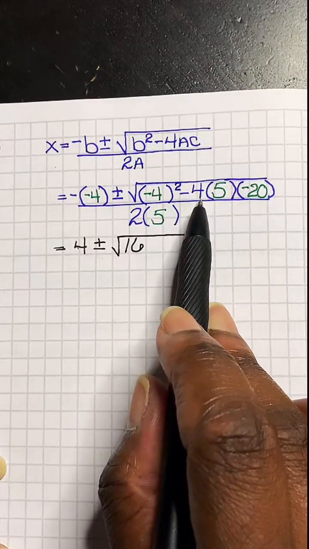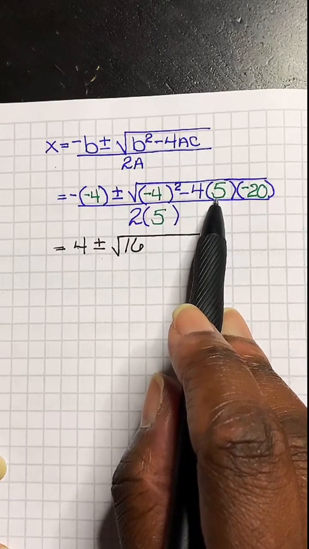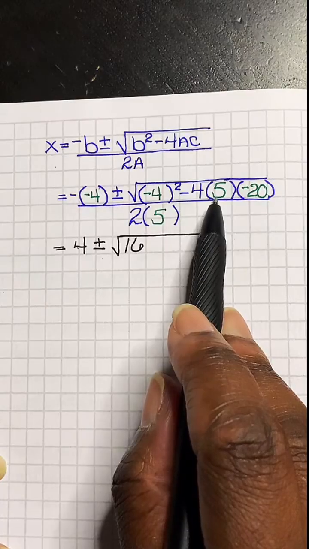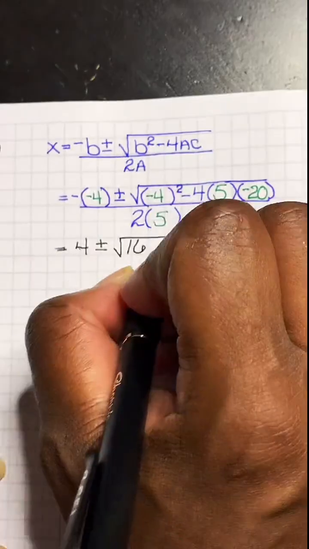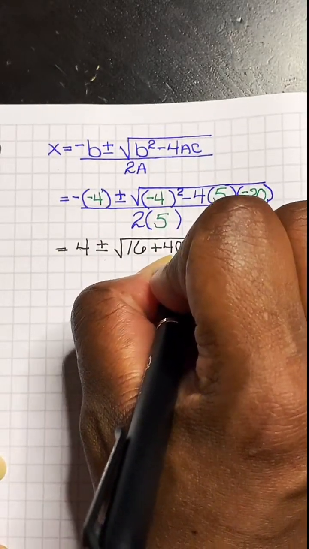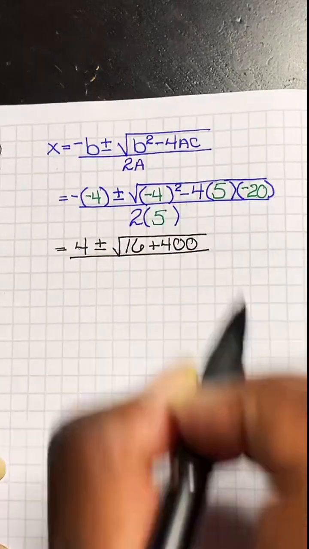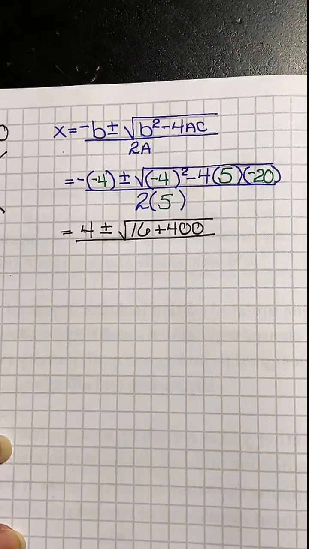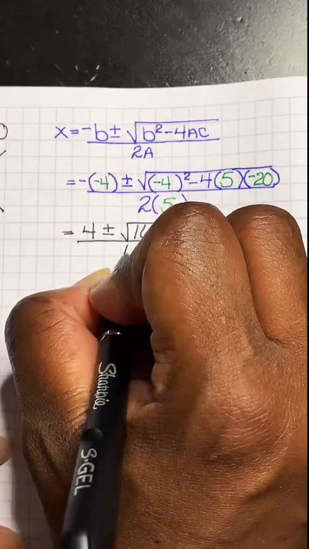Then over here, we have a -4 times 5. That gives me a -20. And a -20 times a -20, that will give me a positive 400. So in my denominator, I have 2 times 5, which gives me 10.